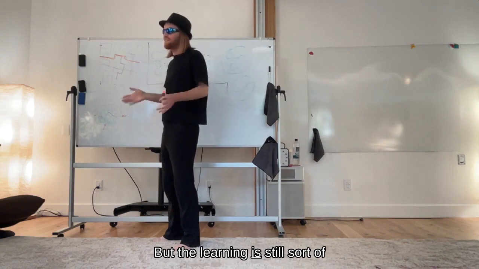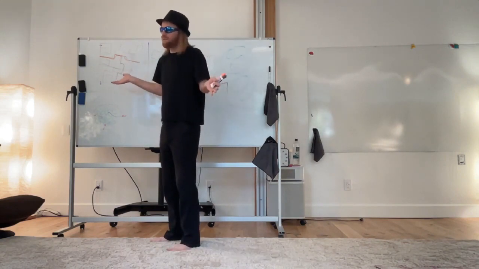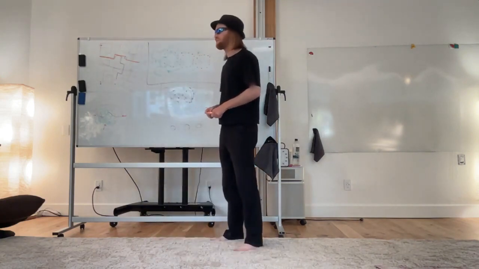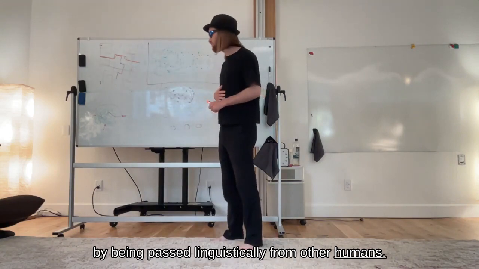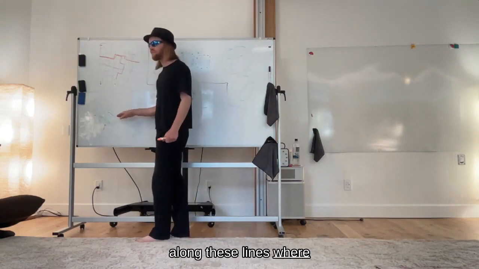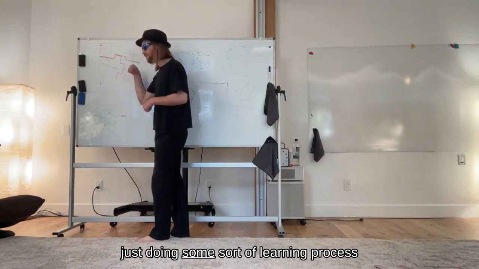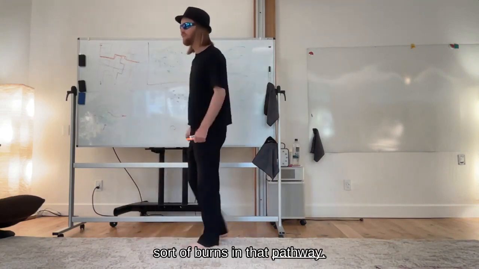But how the learning happens is probably expensive, not quite sure, right? In the case of humans, maybe you're learning it by being passed linguistically from other humans. Maybe there's some sort of selection process along these lines, where doing some sort of learning process real hard on a lot of data burns in that pathway.